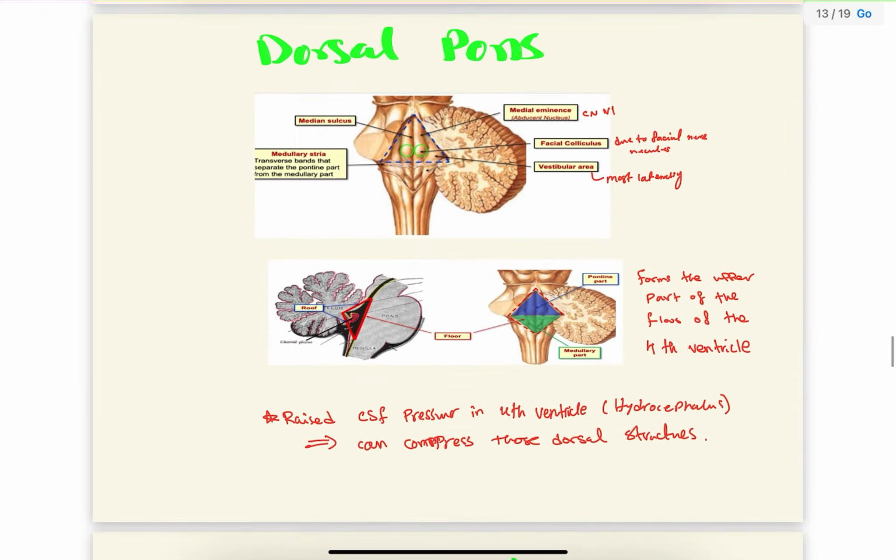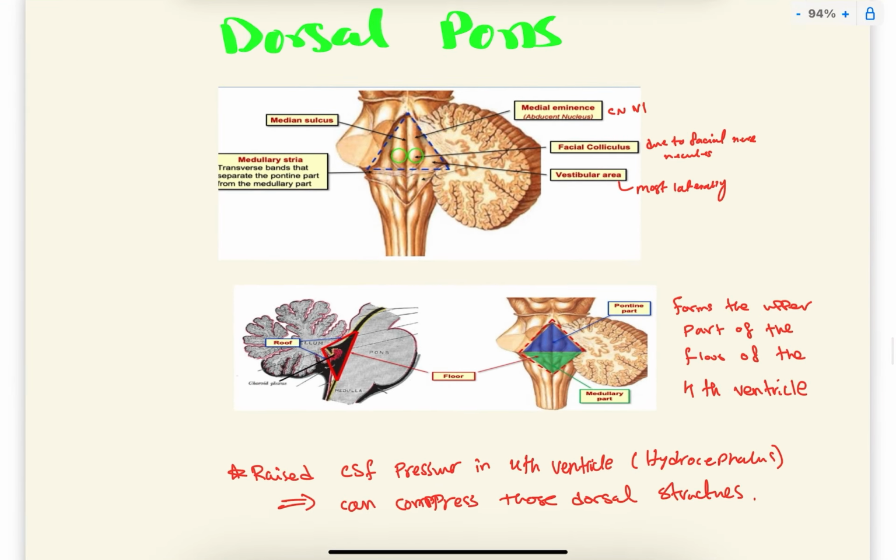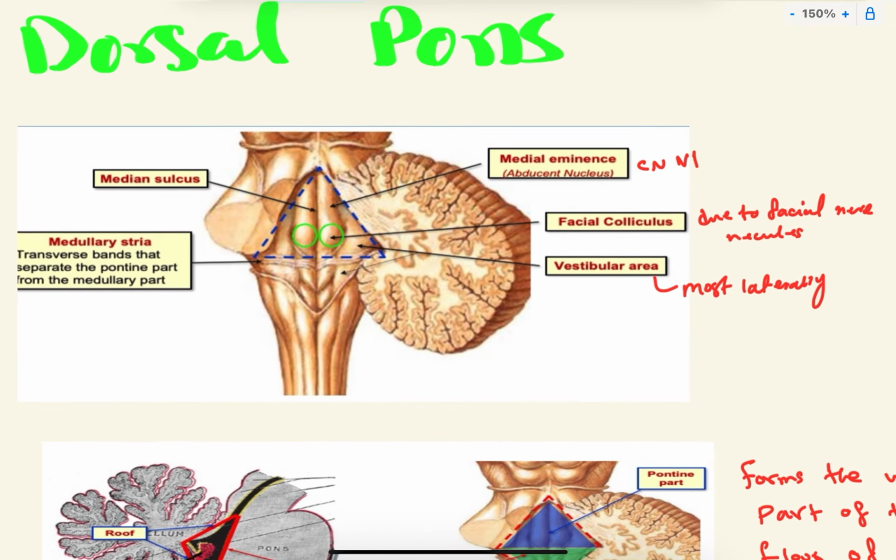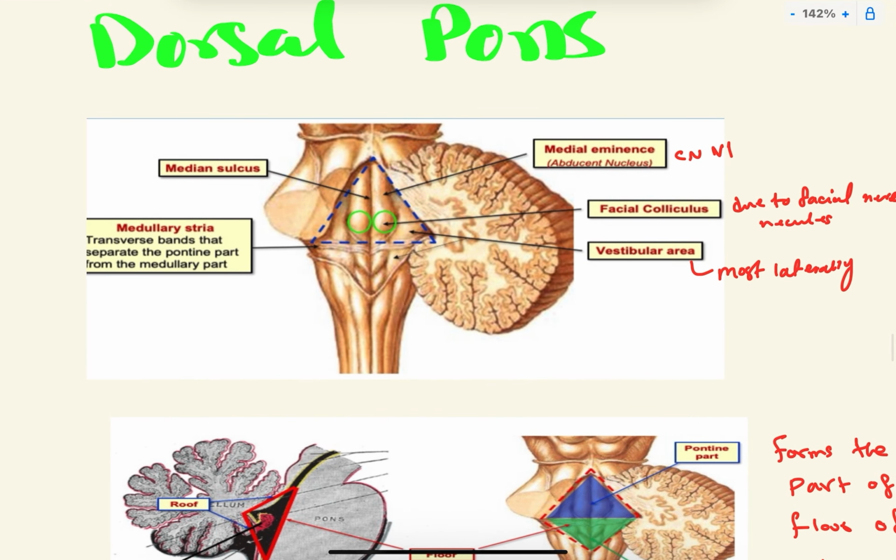Dorsally here, what can I see? I can see the median sulcus in the middle, and on each side of it an elevation called the median eminence, and it's the one that has the abducent nucleus, cranial nerve 6.